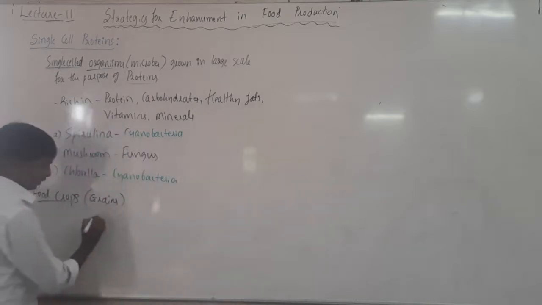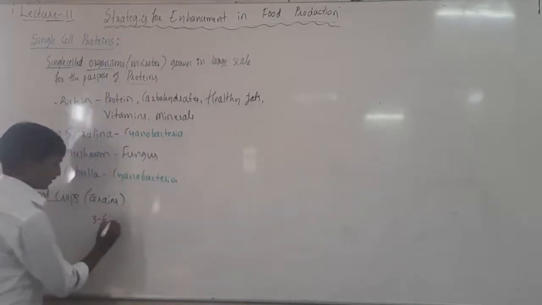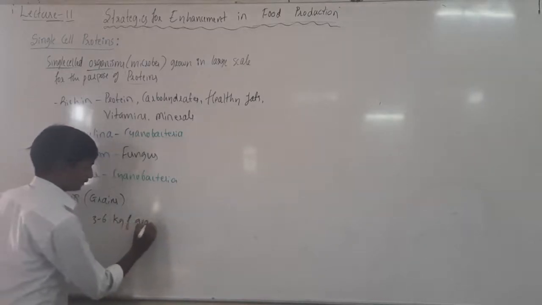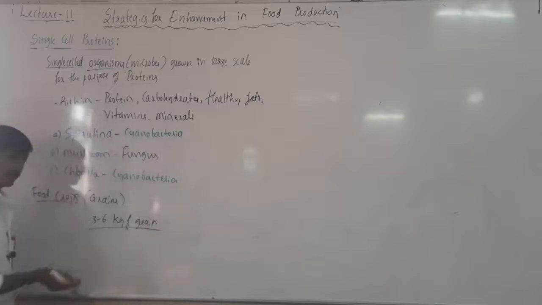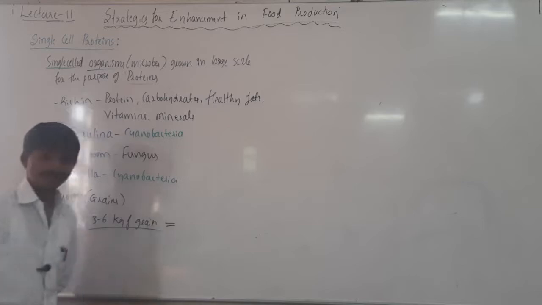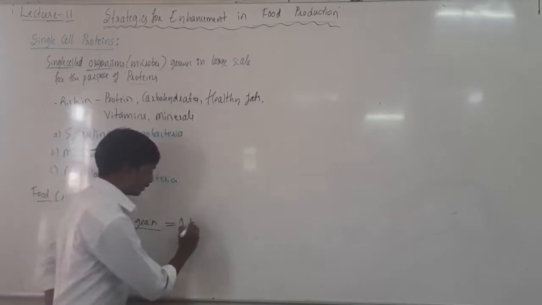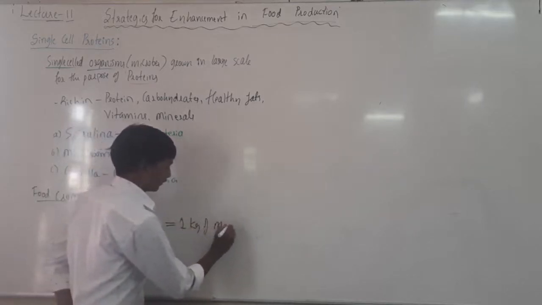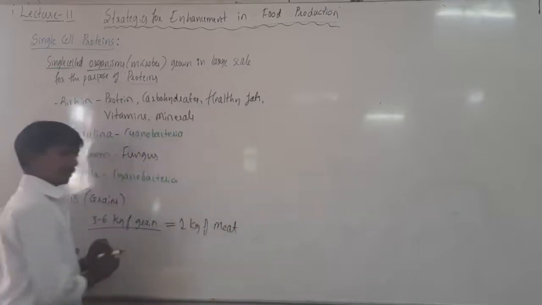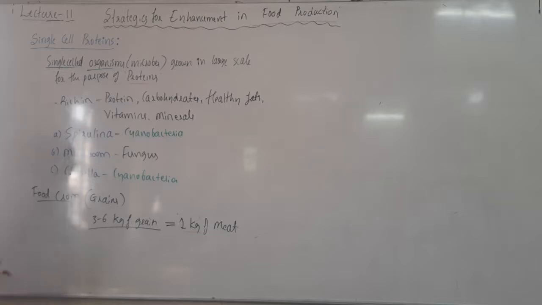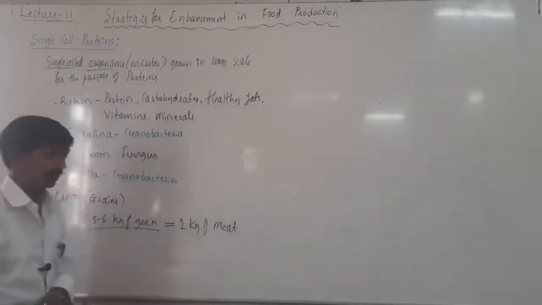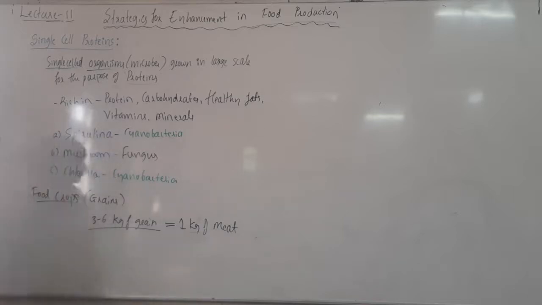For example, the nutrients present in 3 to 6 kg of grain are equal to the nutrients present in just 1 kg of meat. So they went for alternatives like this.